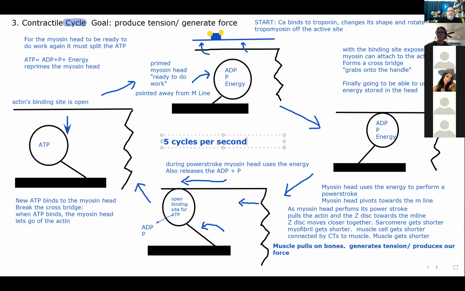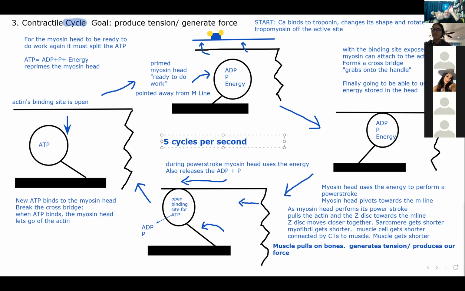And again, are we reliant on just one myosin head? No, a single myosin filament has hundreds, if not thousands of heads. And if I'm climbing the ladder with my 2 hands, do I reach with both hands, grab with both hands, pull with both hands, and then let go with both hands at the same time? No, that's not going to be a very effective way to climb a ladder.